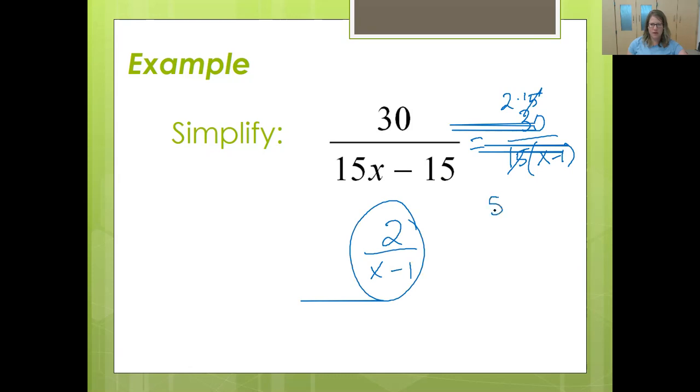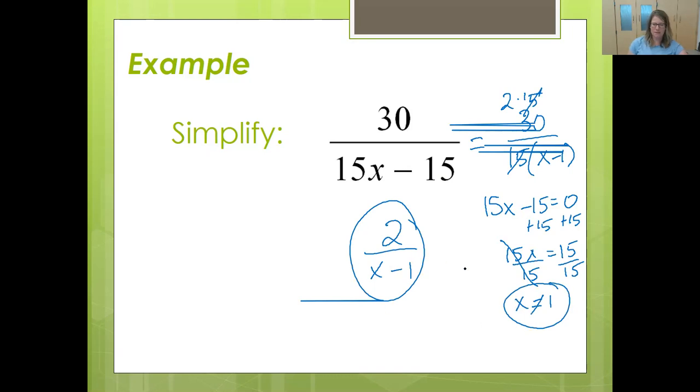So in order to find the excluded value, I am going to go ahead and set the denominator equal to 0 and solve. So x cannot be 1, because if x is 1, that will make the denominator equal 0. Now on this one, I could have just looked here.